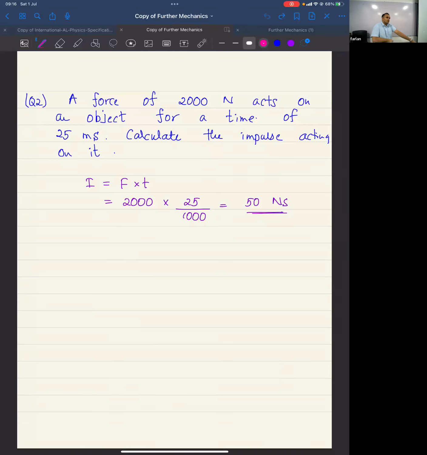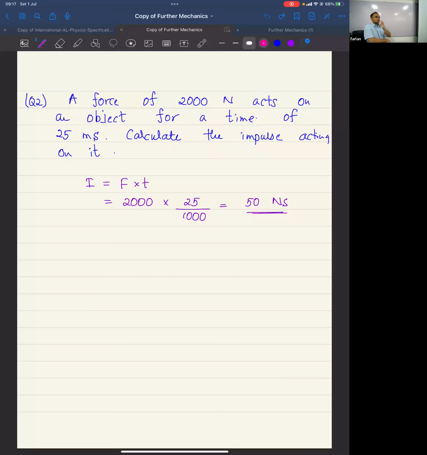Guys, what is Newton's first law? Stationary objects will remain stationary until an external force is applied, and moving objects keep moving at a constant velocity unless an external force acts. Good, resultant force.